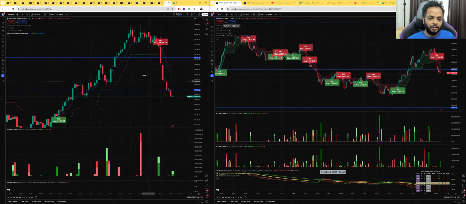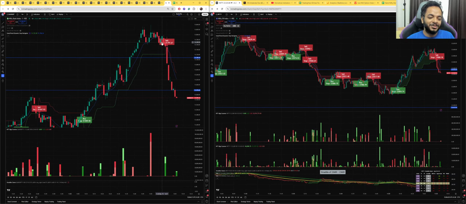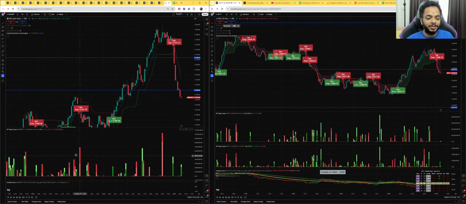Okay, if you see big writing happening right at the top, this was a beautiful one in Bank Nifty. So you just have to wait for the sell signal from the Smart Trend Dynamic Stop Navigator, and when you see this type of big positions being taken.